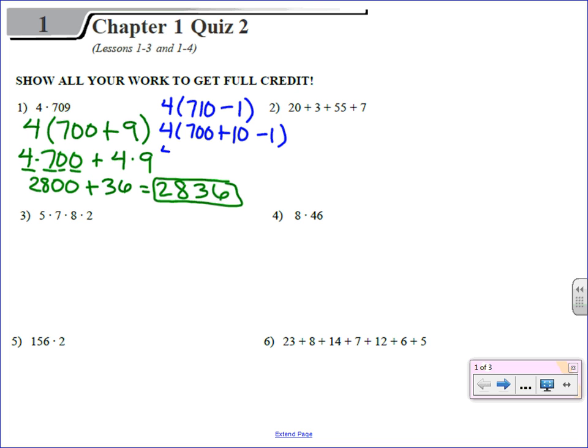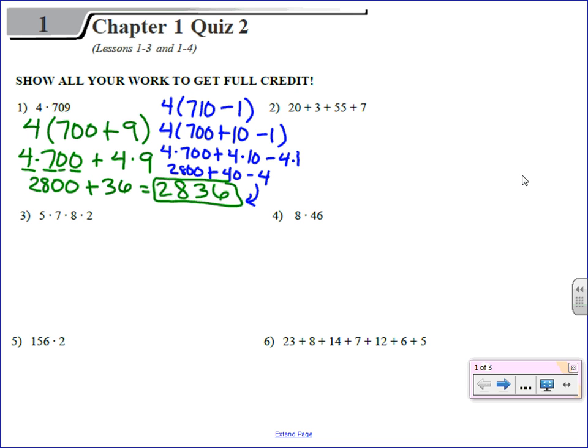So then you have 4 times 700 plus 4 times 10 minus 4 times 1. So we have 2800 plus 40 minus 4. And again, we'd end up with the same answer. People's brains work differently, which is why I want to give you other options to do it, because perhaps that's the way your brain worked.